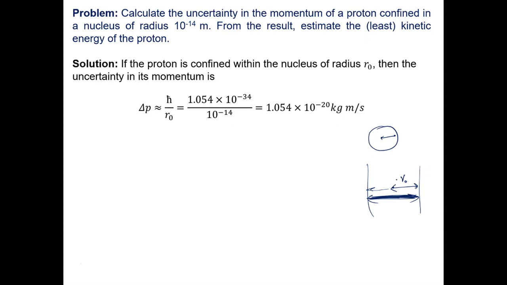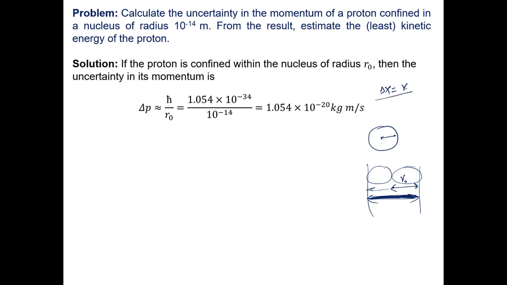So the delta X in this case is the radius. We will certainly find the proton somewhere in this half or somewhere in this half, which means that the maximum error possible in finding the proton is going to be the radius of the nucleus. So delta X is the radius of the nucleus.